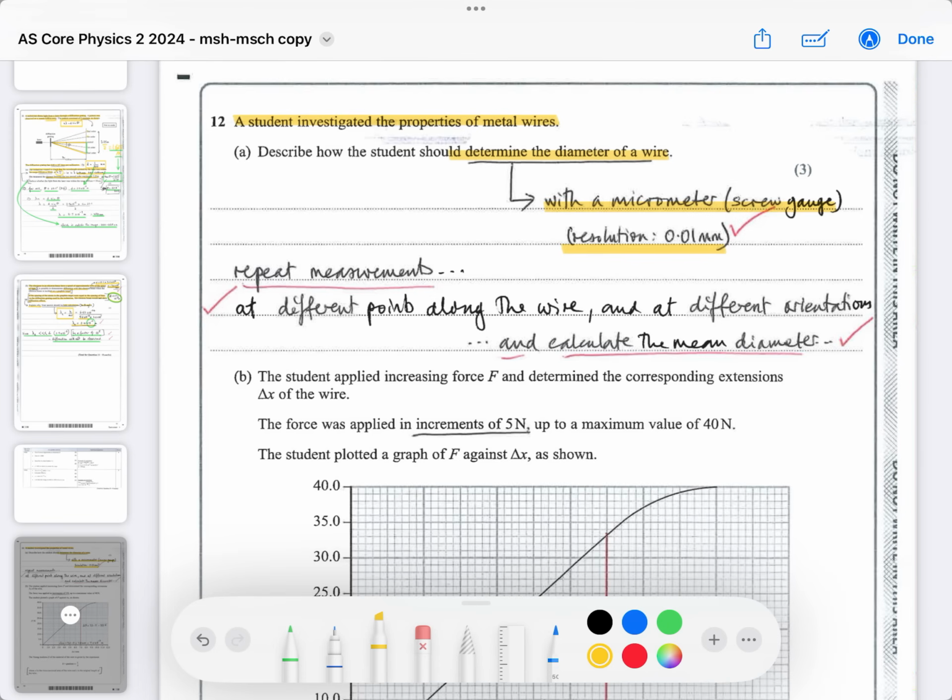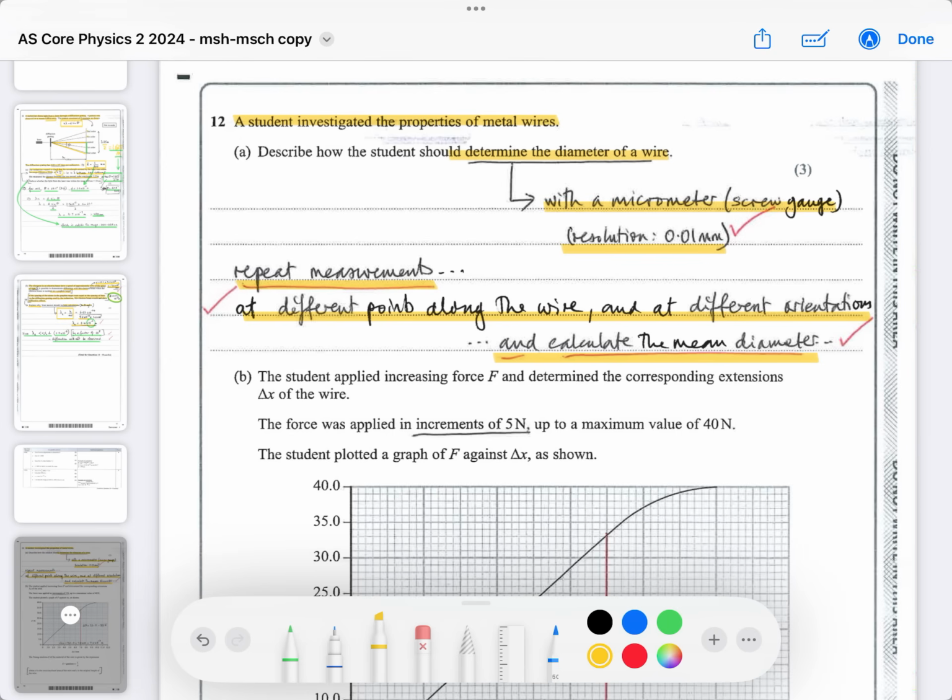Then you should make sure that you repeat the measurements, because wires are not perfectly symmetrical, it's just made by a machine. So you need to do it at different points along the wire and at different angles, different orientations, because it won't be a perfect cylinder, and then calculate the mean diameter of the wire.